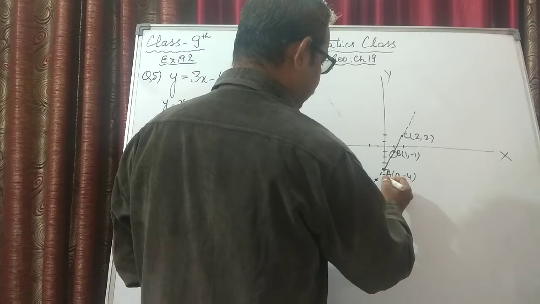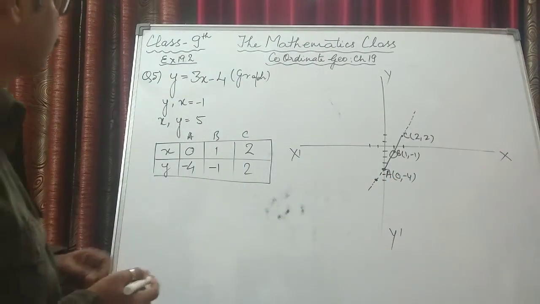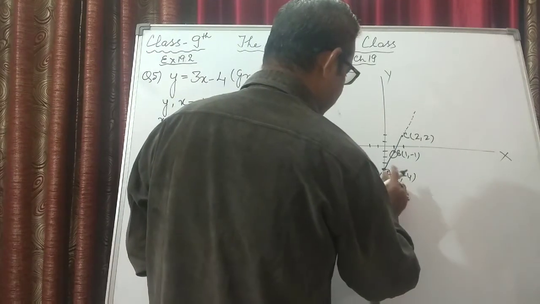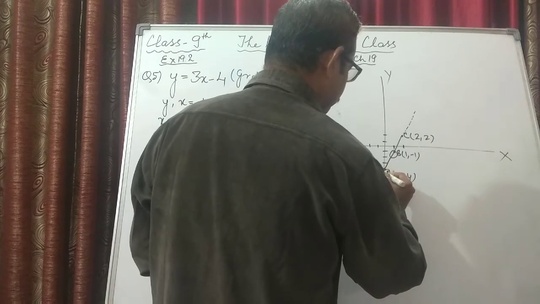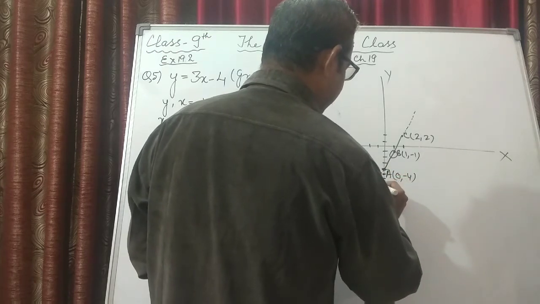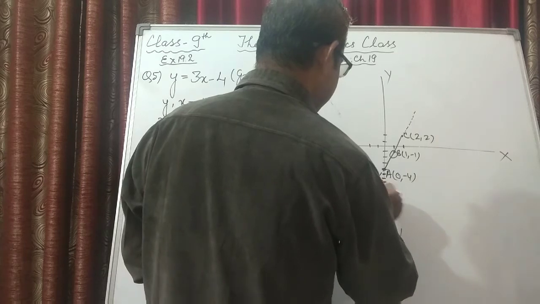4, 5, 6, or maybe 7. It will be something like 7. Suppose say 4, 5, 6 and 7. Minus 7 will be here. So its coordinates will be x is minus 1 comma minus 7.